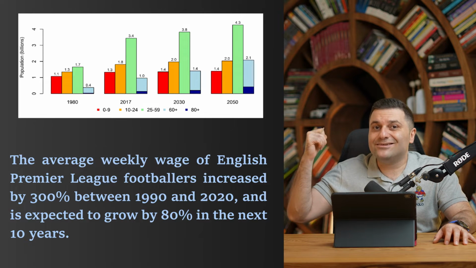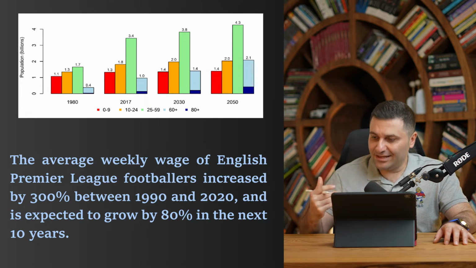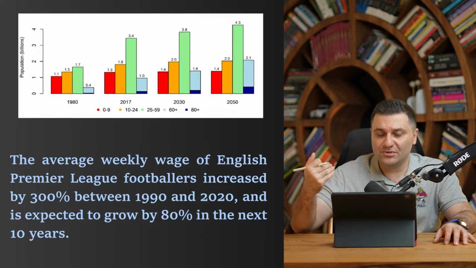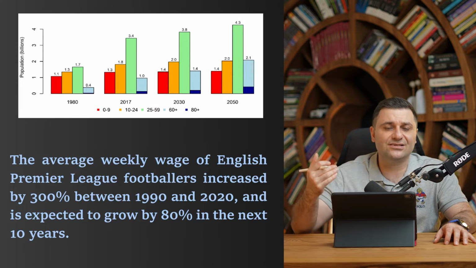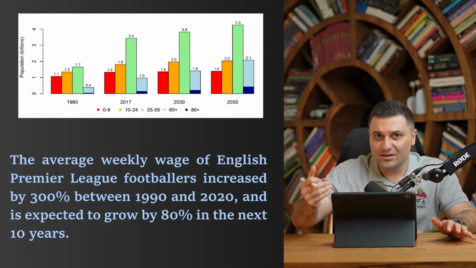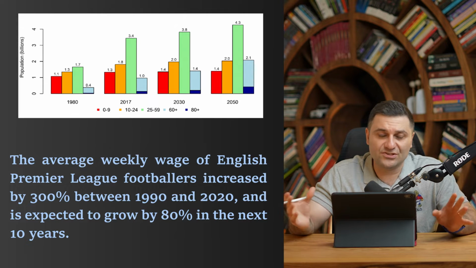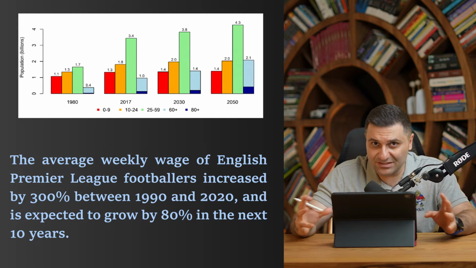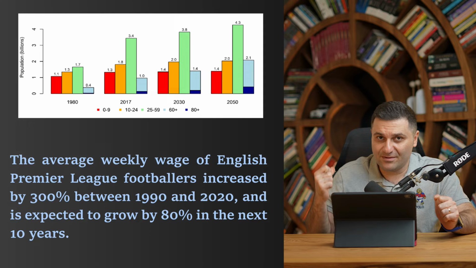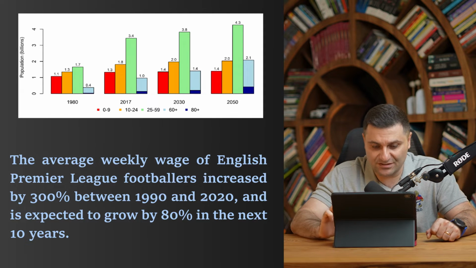So it increased in the past and it is expected to grow. It is expected to rise. It is expected to increase by 80% in the future. All right. So as you can see, this is a mixture of past simple and future tense.